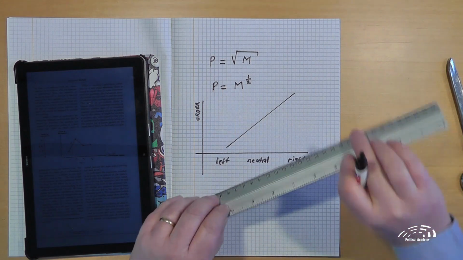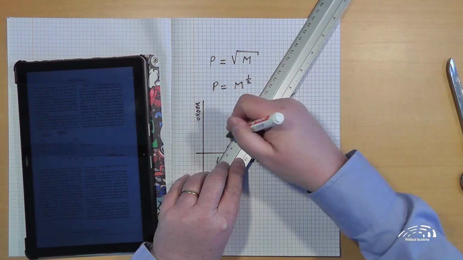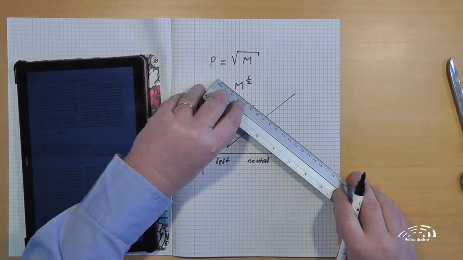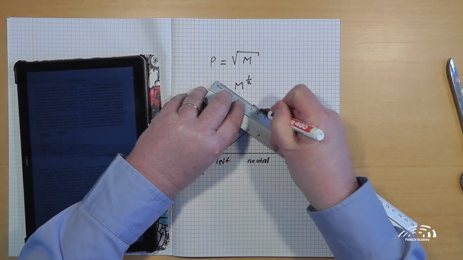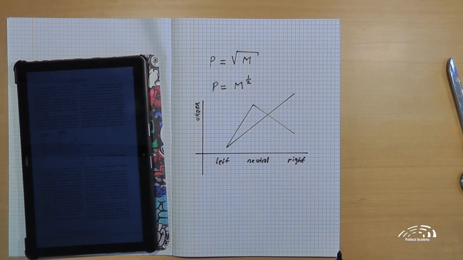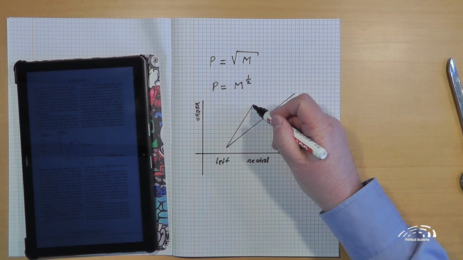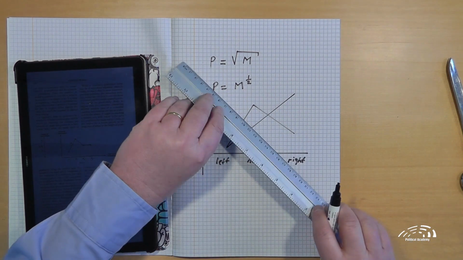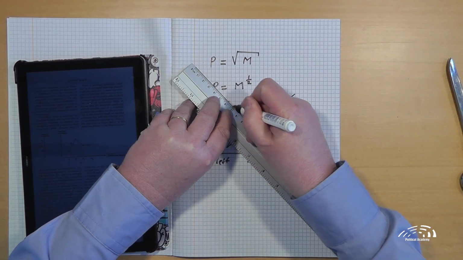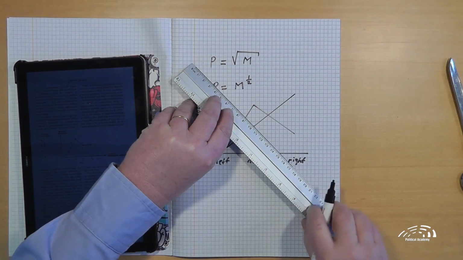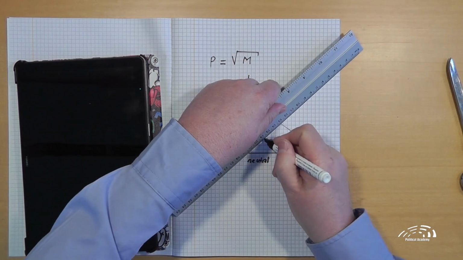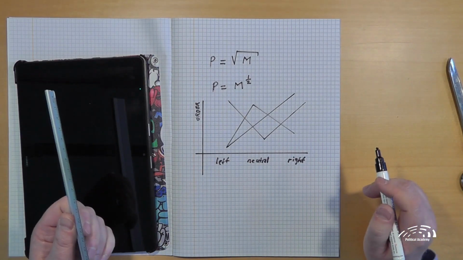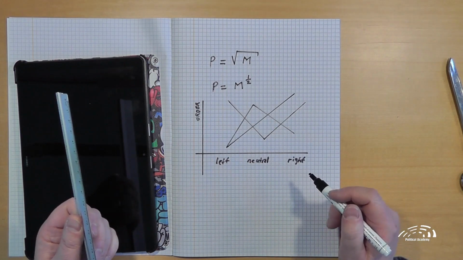Another possibility, maybe, is this. Also, now there's one peak for the neutral position. If one would have an arrangement like this, there are two peaks, so this is not a valid conclusion.